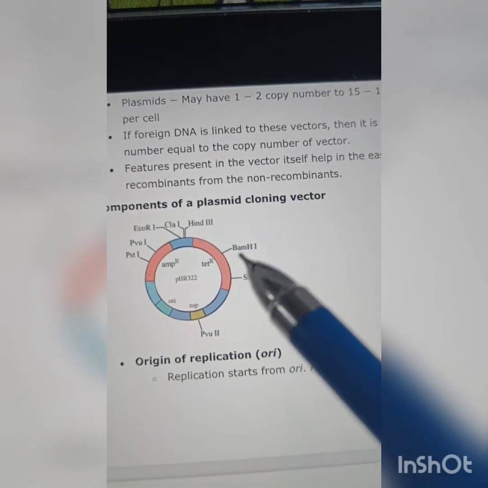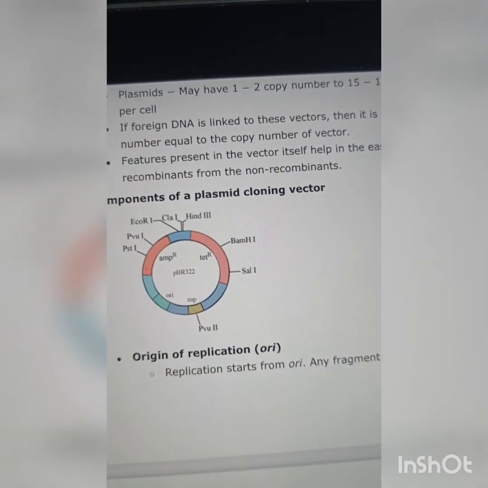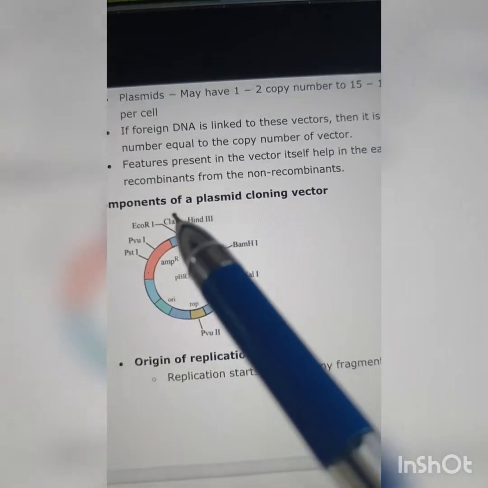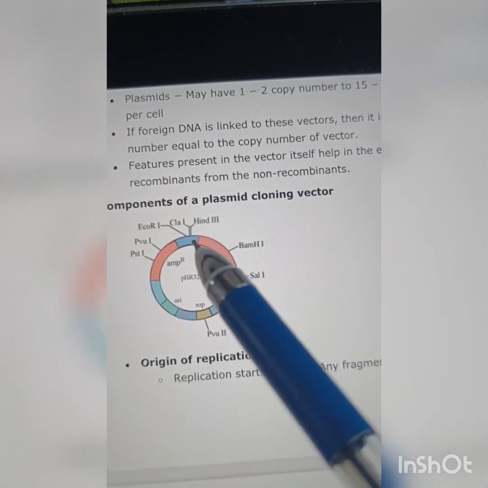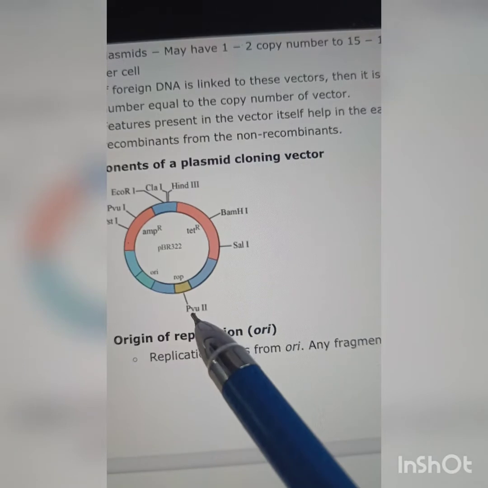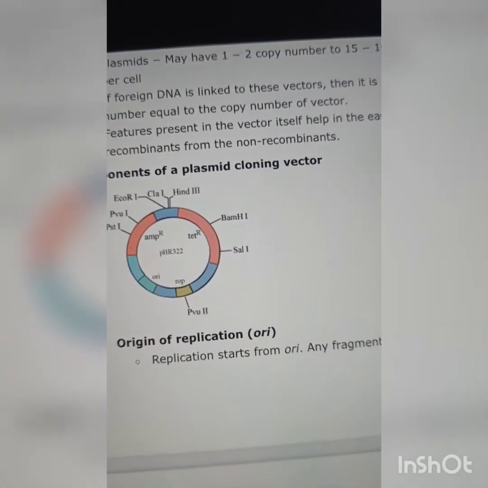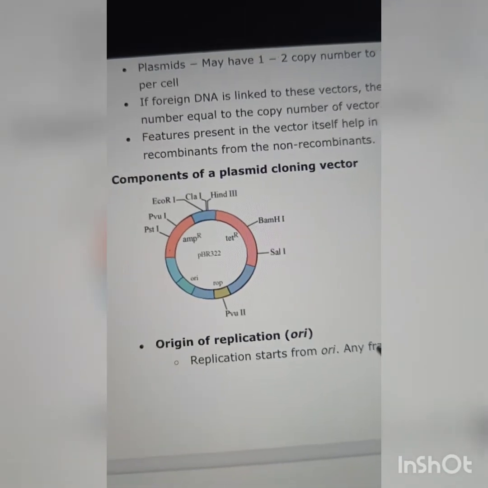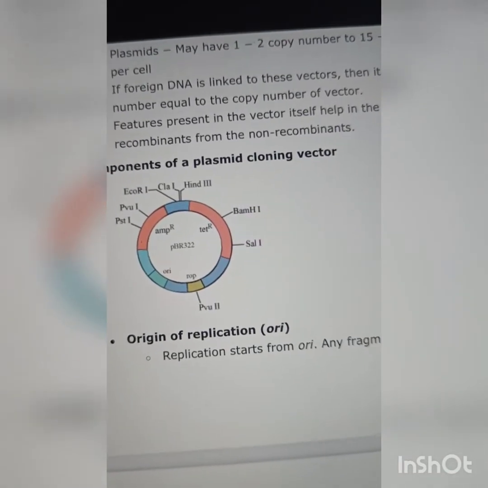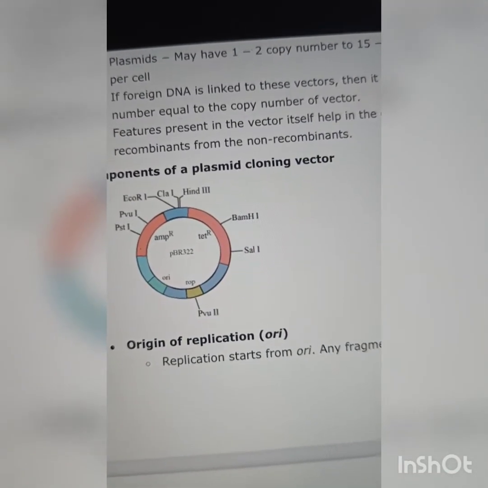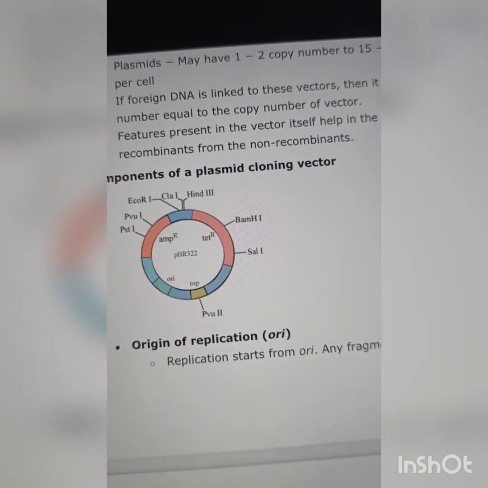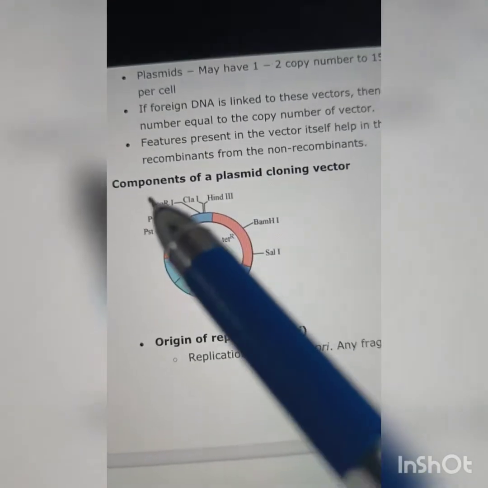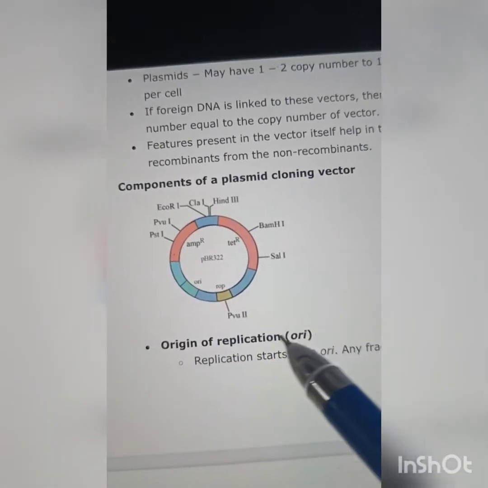If BAMH1 has to cut this particular vector, it will cut at this site. If HIND3 has to cut, it will cut at this site. If PVU2 has to cut, it will cut at this site. If you remember, in our class I have told you that every restriction enzyme will have its own recognition sequence. It will not interfere with the other restriction enzymes. So many restriction enzymes can cut this PBR322 vector, and they have their specific sites.